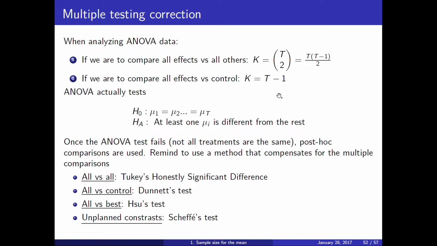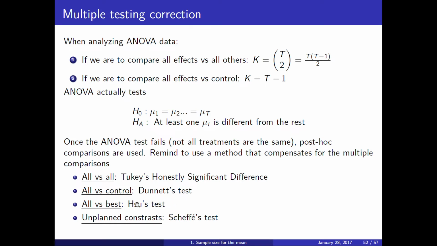There are multiple ways, and here you have the most common ones, that is Tukey's honestly significant difference, if you do all versus all, so all treatments versus all treatments. If you do all versus control, then you use the Dunnett's test.